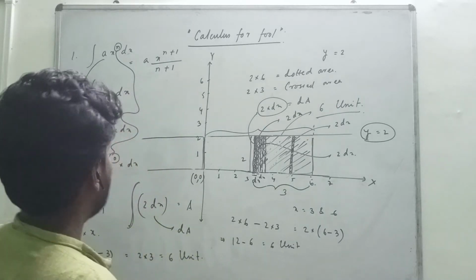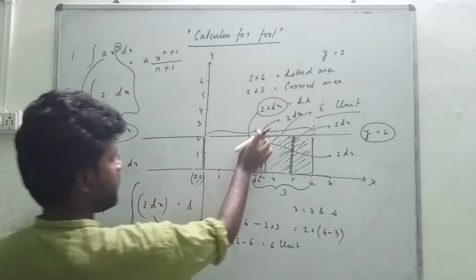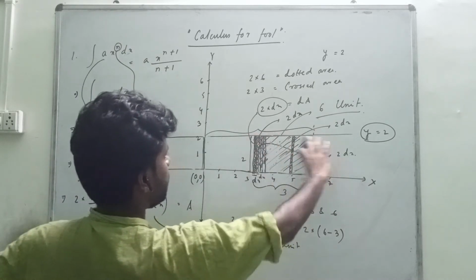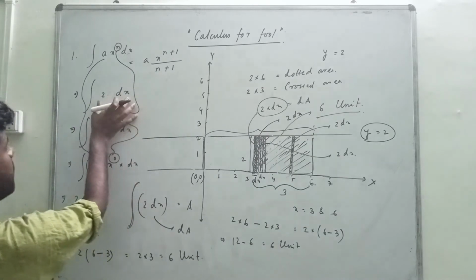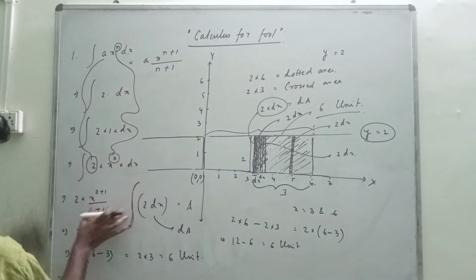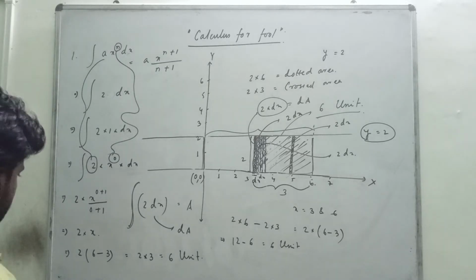If you introduce the very small areas, the sum of the small areas gives the full area. This is the procedure to calculate the area, right?